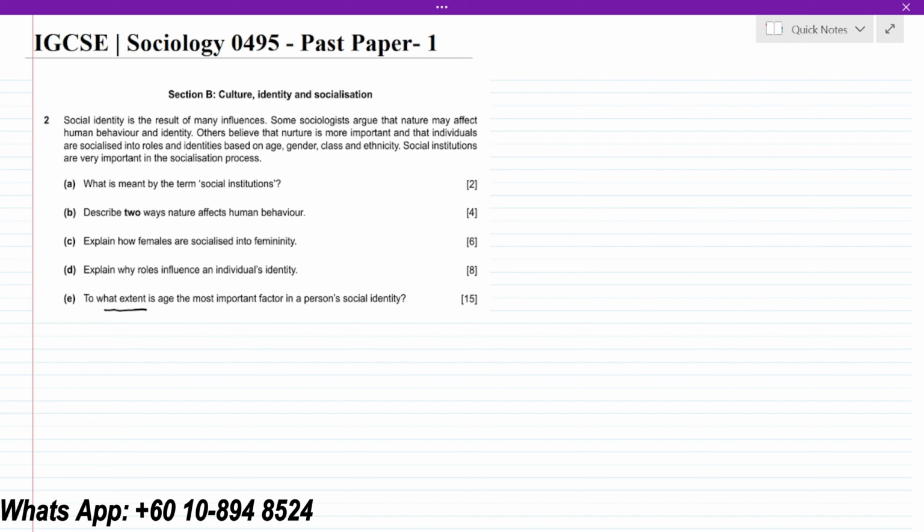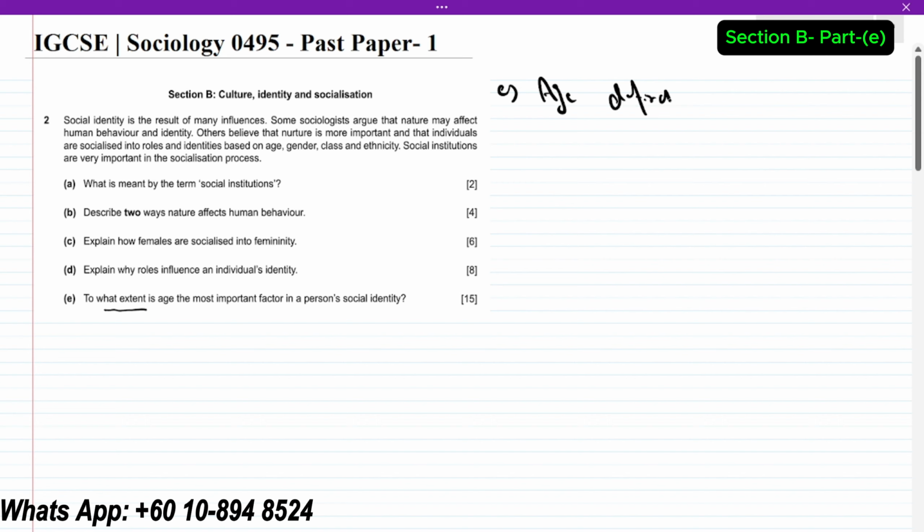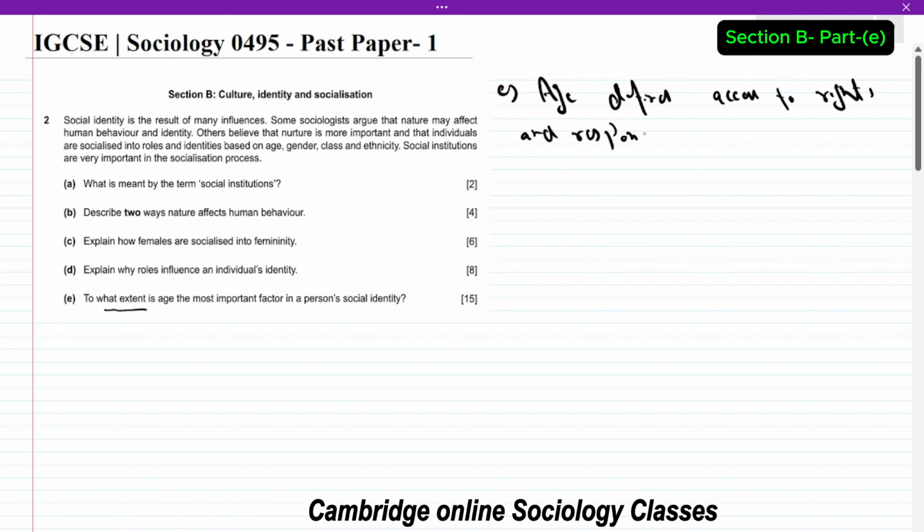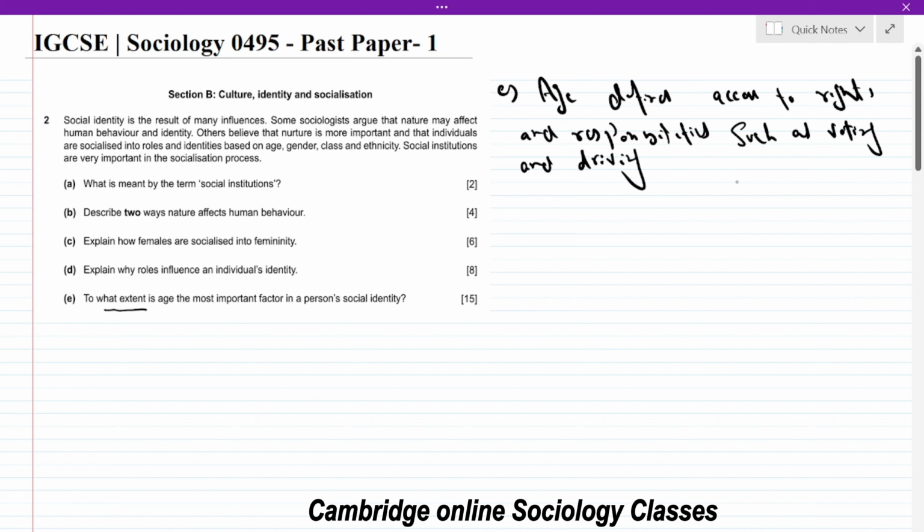We will start with: age defines access to rights and responsibilities, such as voting and driving.